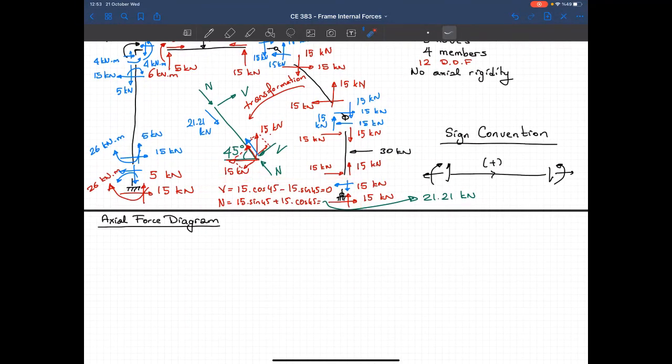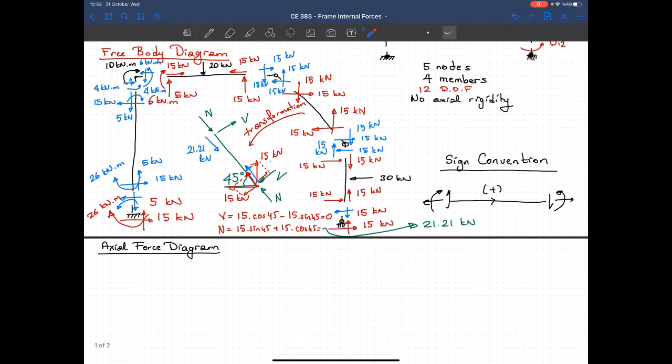Okay, now after doing that, we are ready to draw the internal force diagrams. Let's start from the axial force. Let's draw our structure first. So I'm going from bottom to top, left to right, and bottom to top, and this is my axial force diagram. So I'm going member by member.